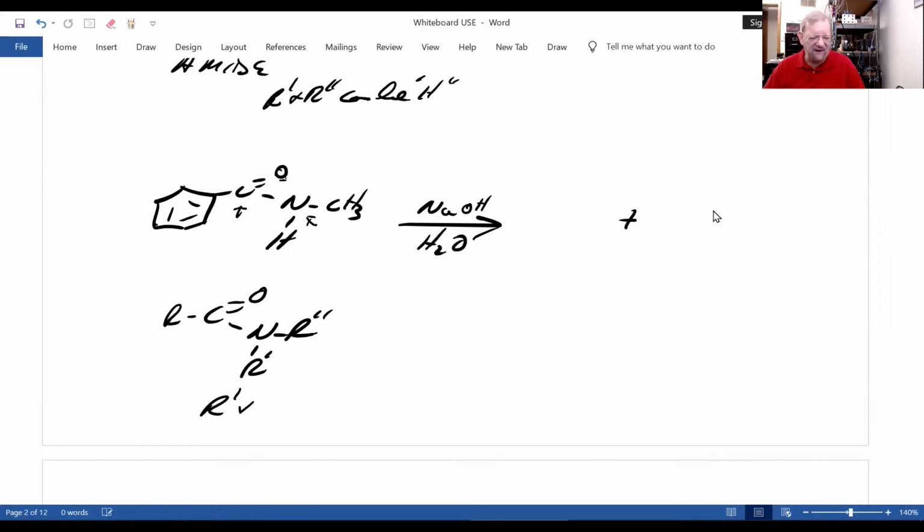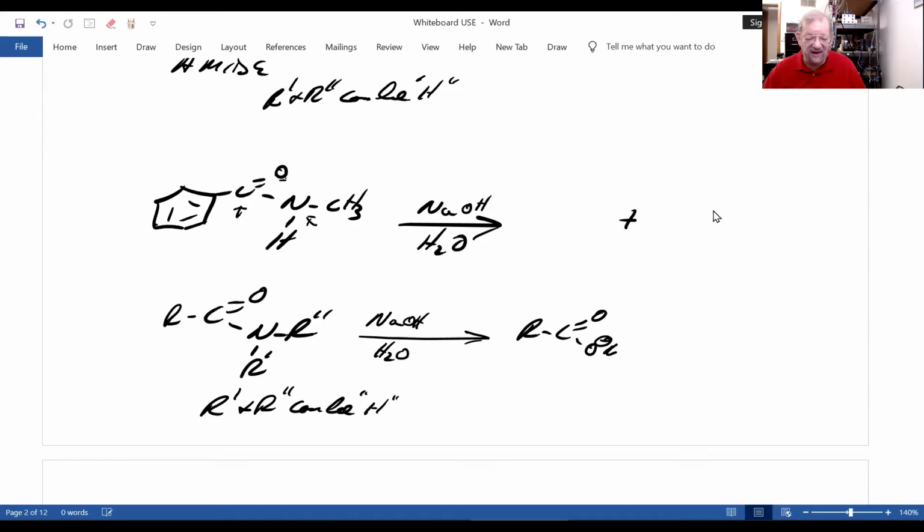And remember, our prime and our double prime can be hydrogen. And in our case, one of them is. And when you react an amide with base, sodium hydroxide, and water, what do you get? You get not the carboxylic acid you would have used to make that amide. You get the carboxylate anion of that carboxylic acid because you're in base. And you also get back the amine you would have used to make that amide.